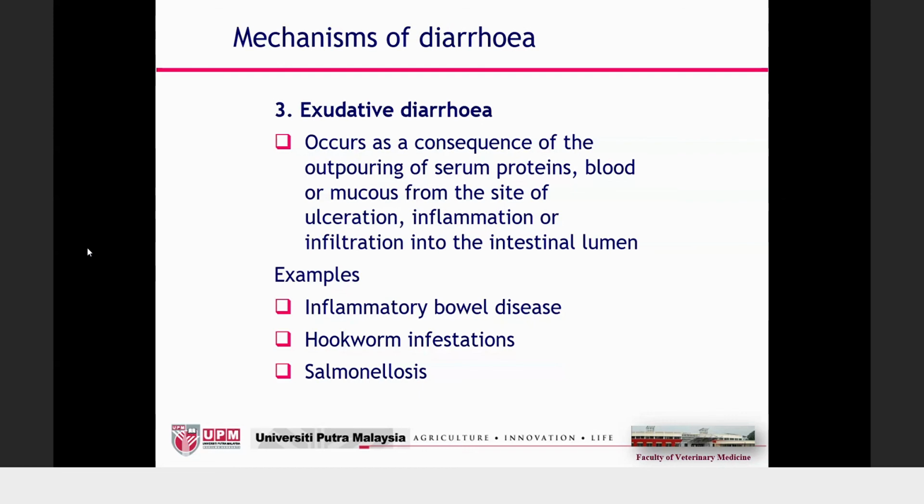Okay. And this is in terms of practice, because pathology will come to practice actually, because all of you will be veterinarians. So that's an important concept there. Meaning that by now, when you have diarrhea, you start to consider what type of diarrhea you have.